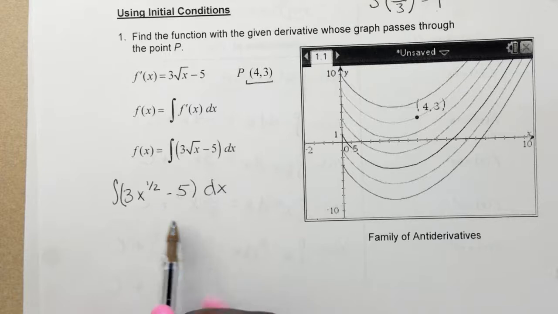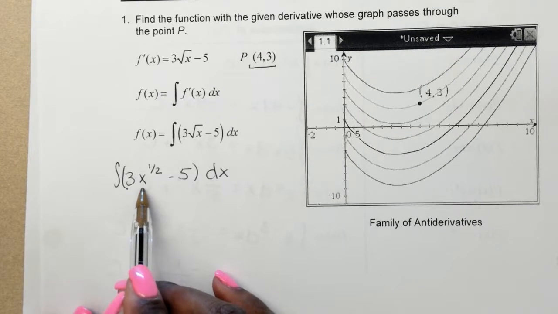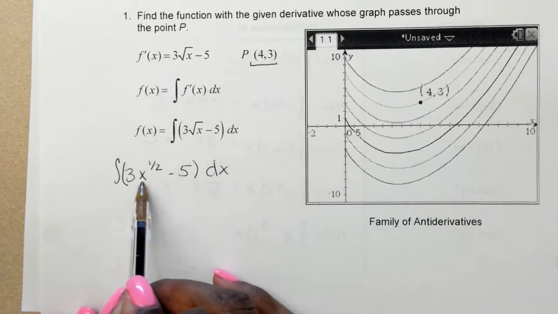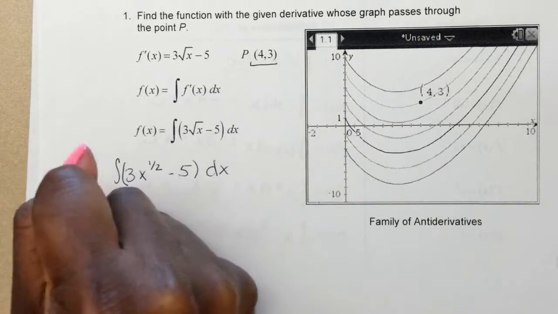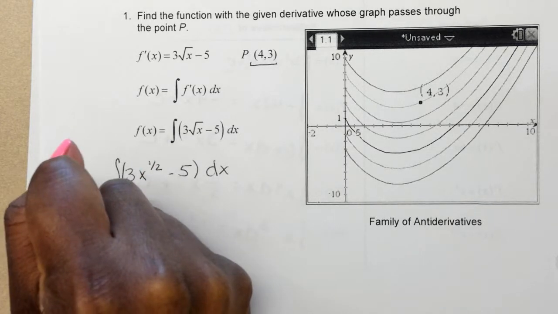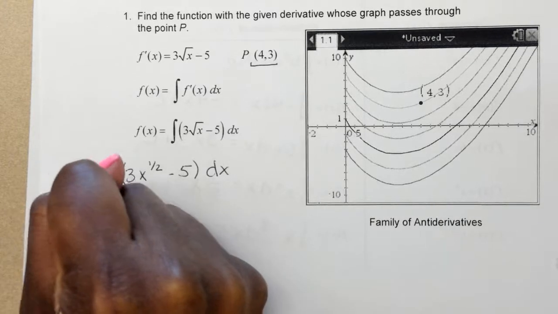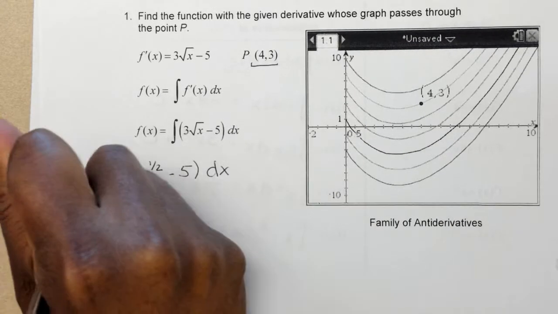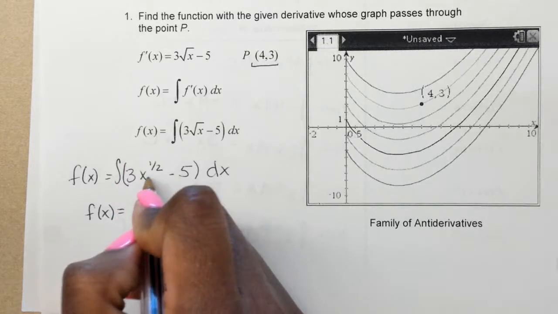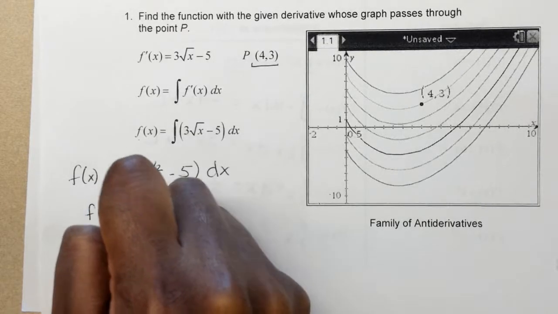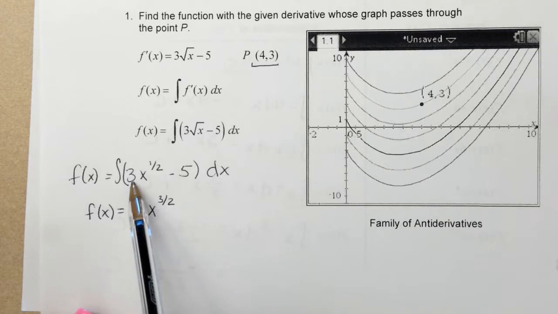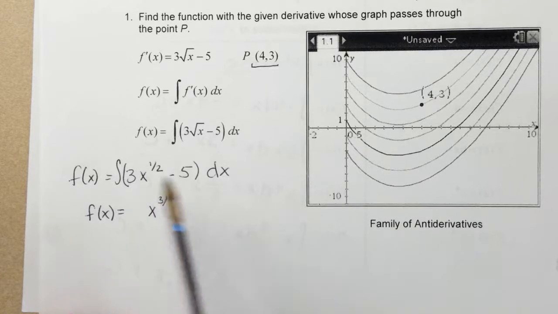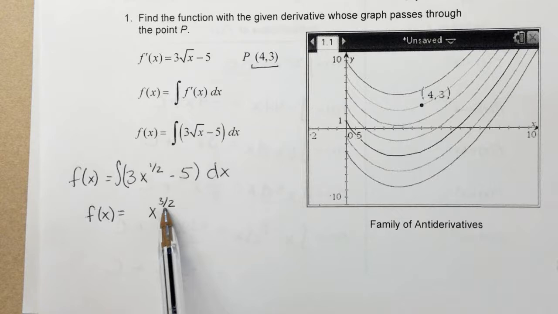Now, to find the integral for this, we're going to add 1 to this exponent. So f of x equals, we add 1 to the exponent, so we'll have x to the 3/2. And then we're going to divide this number by our new exponent.